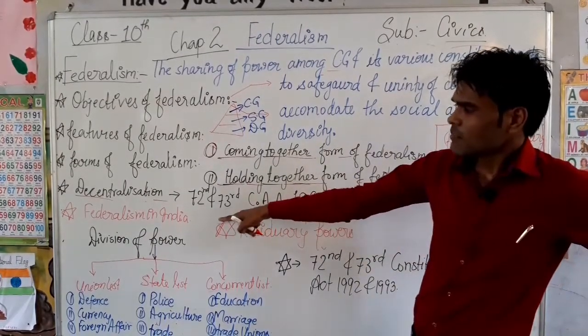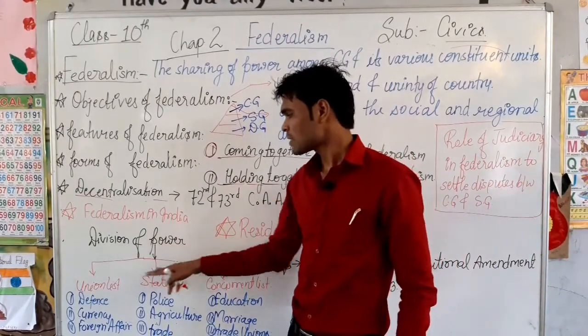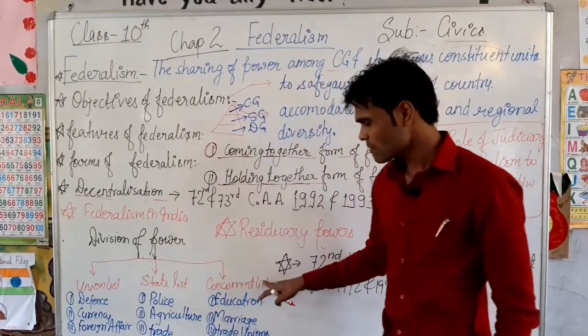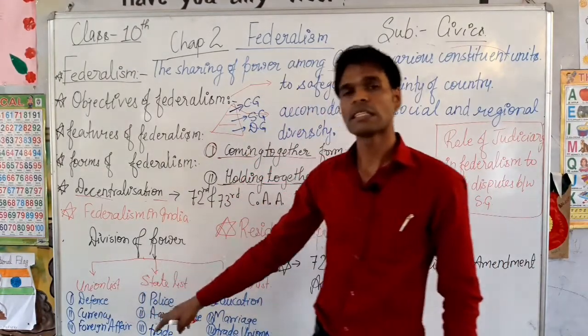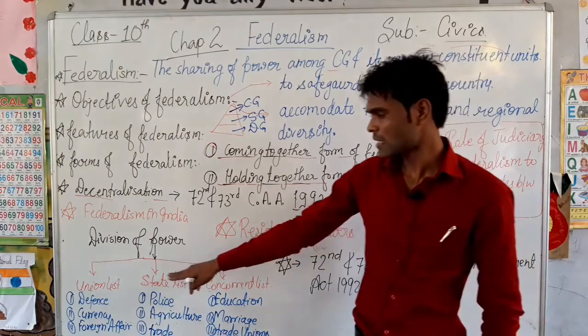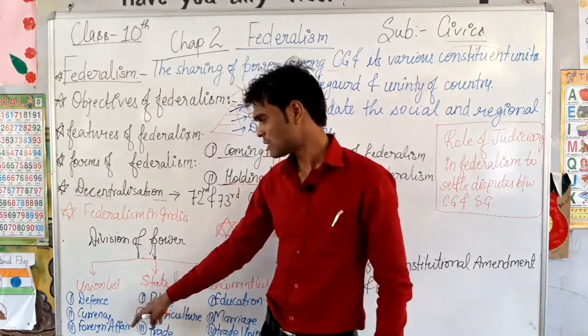Then after that comes federalism in India. We will talk about federalism, the division of powers: union, state and the concurrent list. The union list stands for the subjects kept in the hands of the central government, like defense, currencies, foreign affairs, banking, and many things.